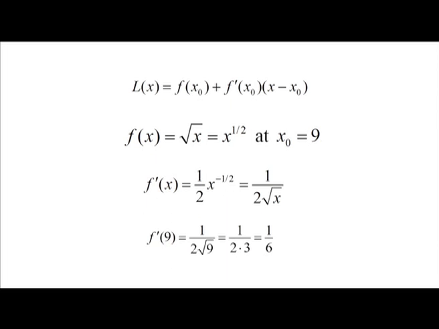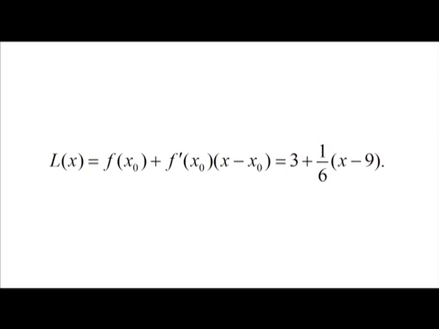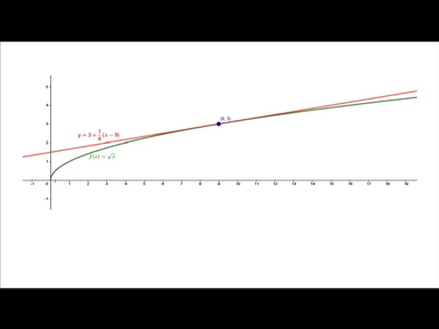We have f prime of 9 equal to 1 by 2 root 9, which is equal to 1 by 2 times 3, which is equal to 1 by 6, and the linearization is L of x equal to f of x naught plus f prime of x naught times x minus x naught, which is equal to 3 plus 1 by 6 times x minus 9. That is, the local linear approximation of f of x equal to square root of x at x naught equal to 9 is L of x equal to 3 plus 1 by 6 times x minus 9.